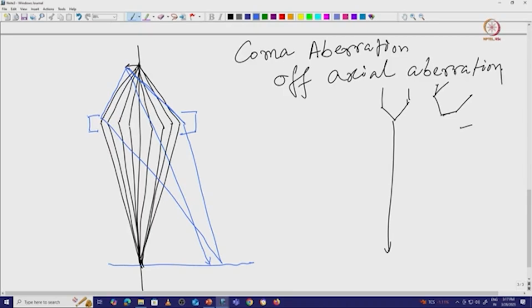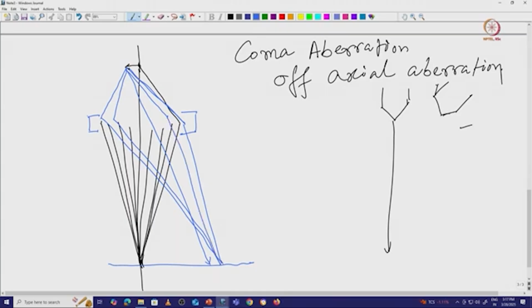If I erase these black rays, it will be easier to understand, that is why I am erasing those inside rays. Now if I take the blue ray again, how is it going to converge? The next ray is coming somewhere here, and this is the other ray, and both of them are going and converging somewhere here.